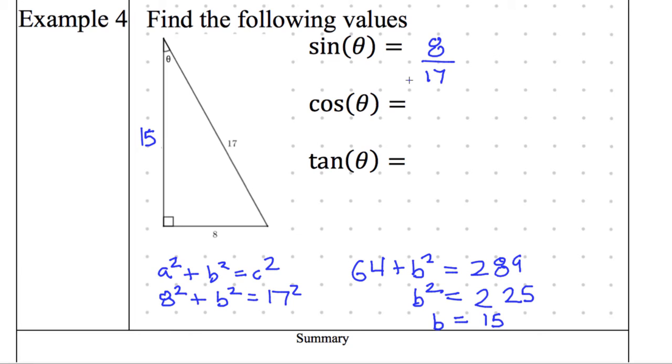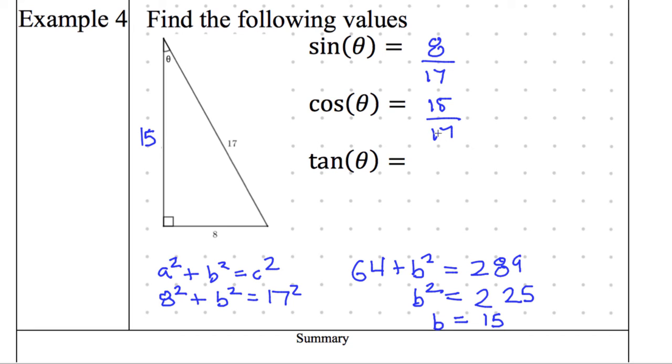Then Daisy, you're in charge of cosine. What is it again? Cosine is adjacent over hypotenuse. So, is it 15? Wait, hypotenuse is 17. Yeah, you got it.